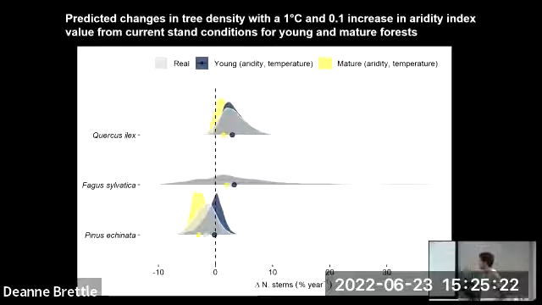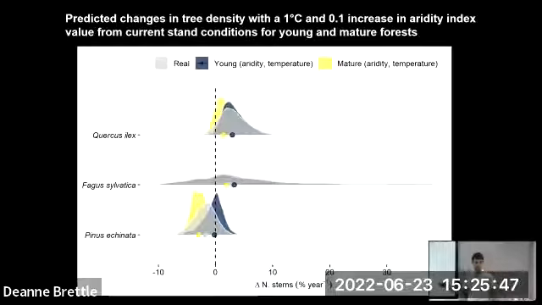Then for the young forest, we set the forest development value to very low values. So let's assume all these forests are young. And now let's assume that all these forests are mature, what will happen in terms of tree density? And I added a third species here because these are increasing, but this one is decreasing.